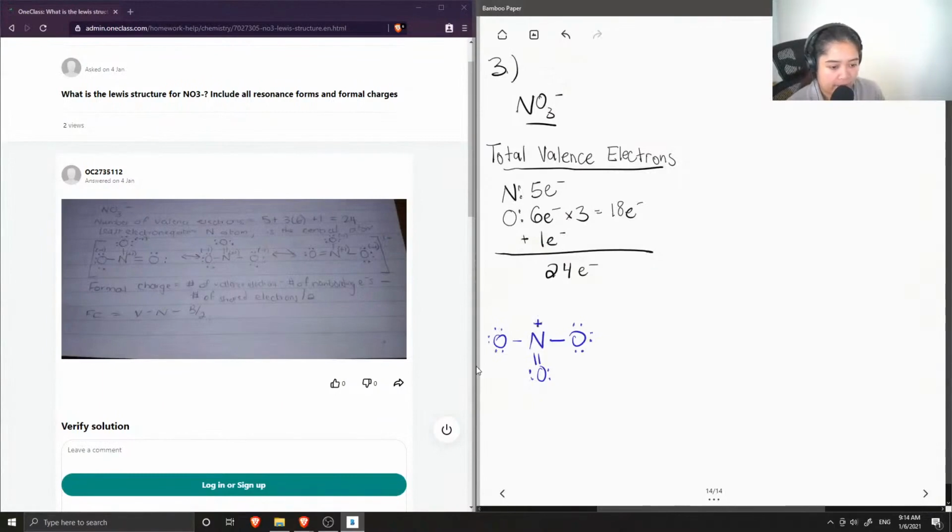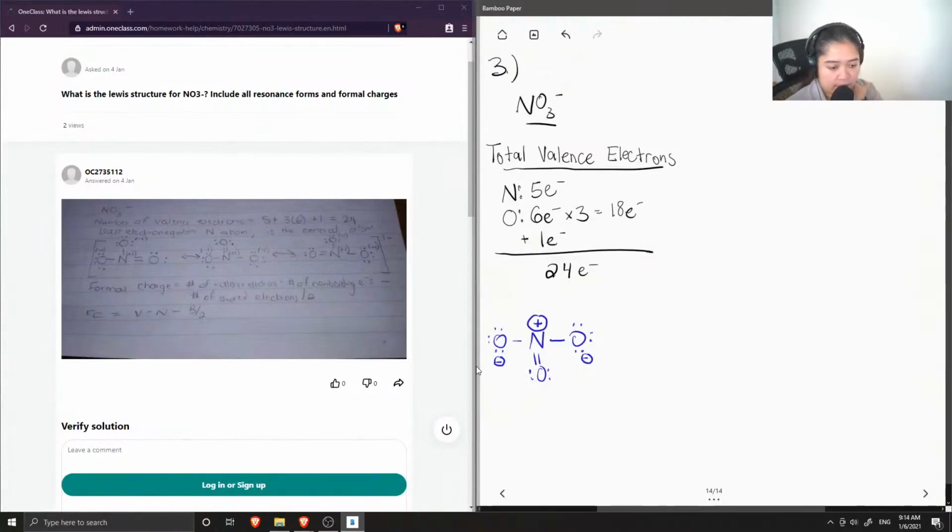So the nitrogen has a positive charge, which makes sense since it is the least electronegative. And the 2 oxygens, which are more electronegative, are more likely to carry the negative charges.